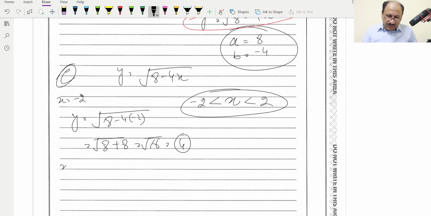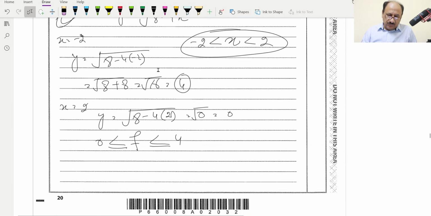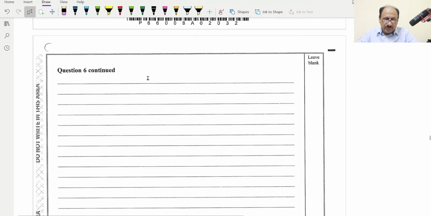And if we replace x is equal to 2, we will get y is equal to the square root of 8 minus 4 into 2, which is equal to root 0, which is basically 0. So f will be varying from 0, it can be equal to 0, up to less than or equal to 4. This will be basically the range which is required for this question. Hopefully you understood this.